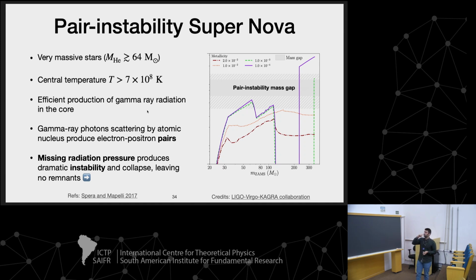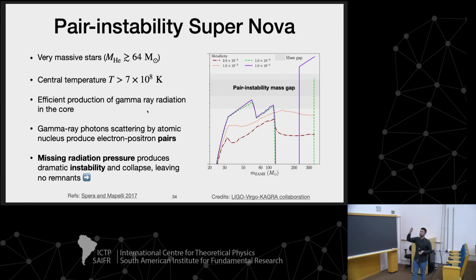And this defines the so-called pair instability mass gap, which is a hot topic in the current gravitational wave interpretation. Let's take into account the blue line, which is again the initial metallicity. On the x-axis you have the mass of the stars in the zero-age main sequence.